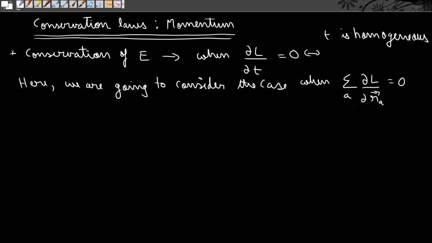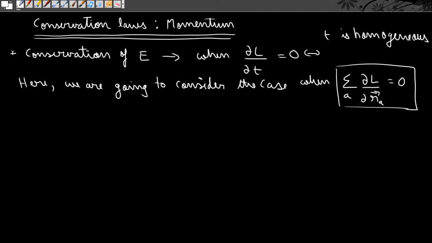So what will happen when this particular condition is satisfied? What does this mean? This means that the total partial derivative of the Lagrangian with respect to all the coordinates of the particles, the sum of them should be equal to 0.